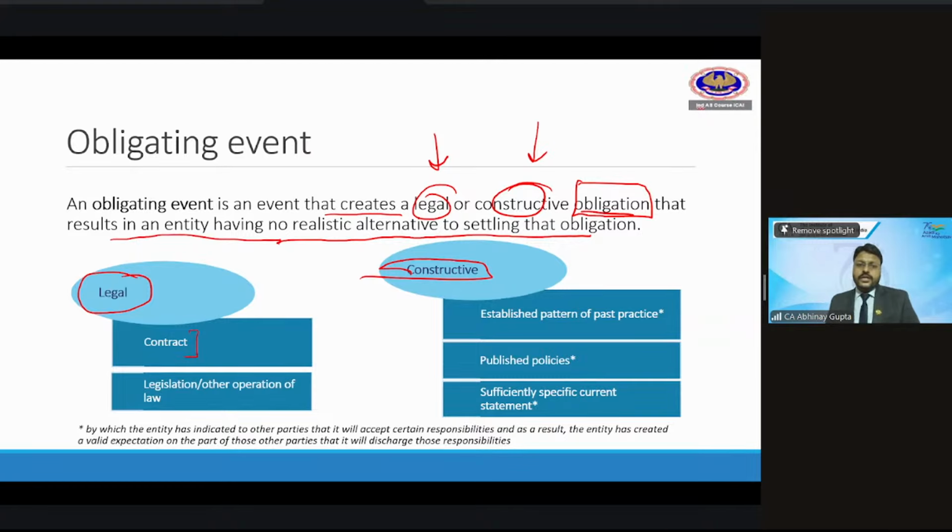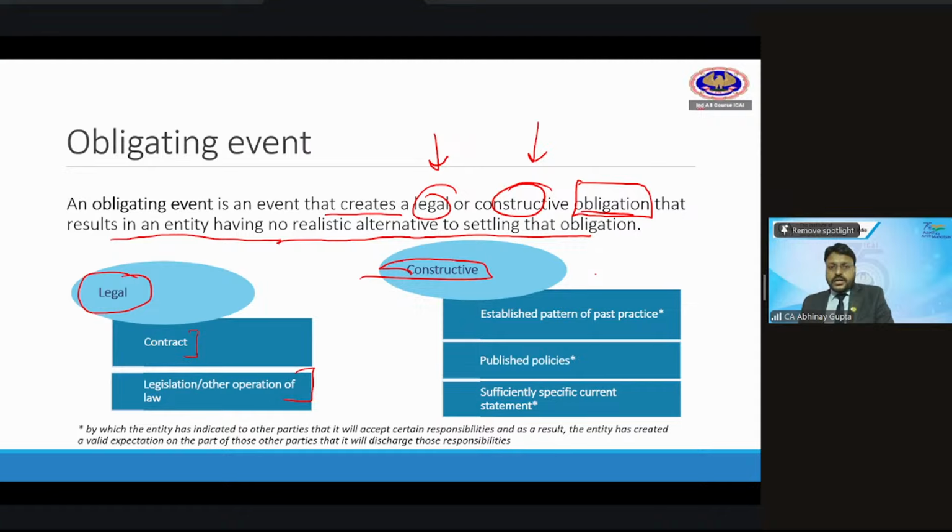So any contractual obligations fall within the legal purview, or by virtue of any law, state law, central law, whatever laws and legislations there are in the country. So it is either because of the contractual obligation, or because of any law which is there, or which has recently been notified by the government, right?